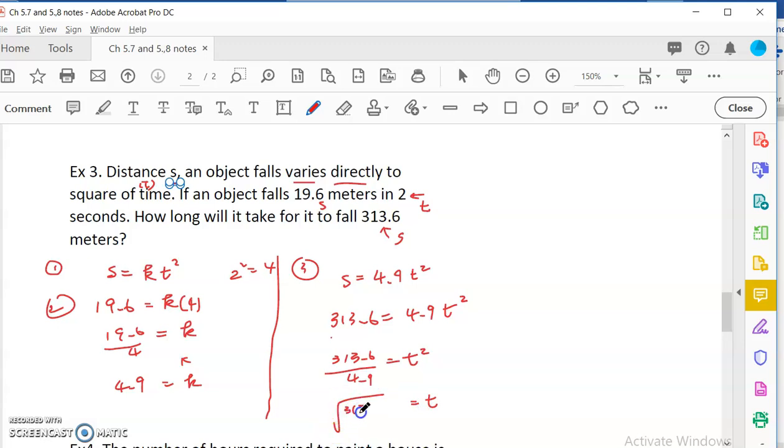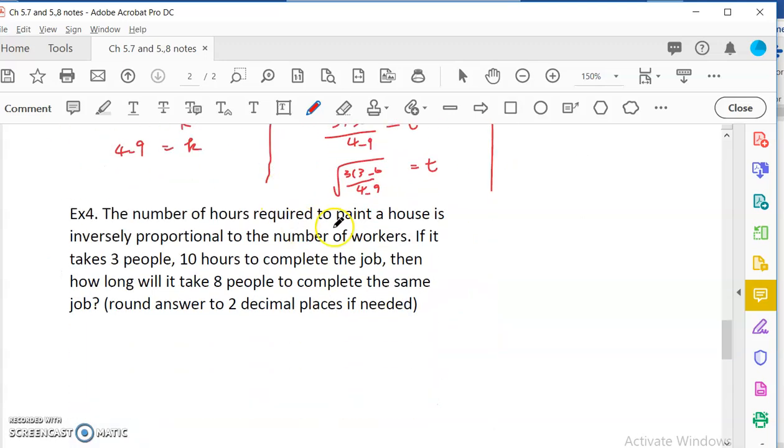So t would equal the square root of 313.6 divided by 4.9, which is 8. So in 8 seconds, it would fall 313.6 meters.